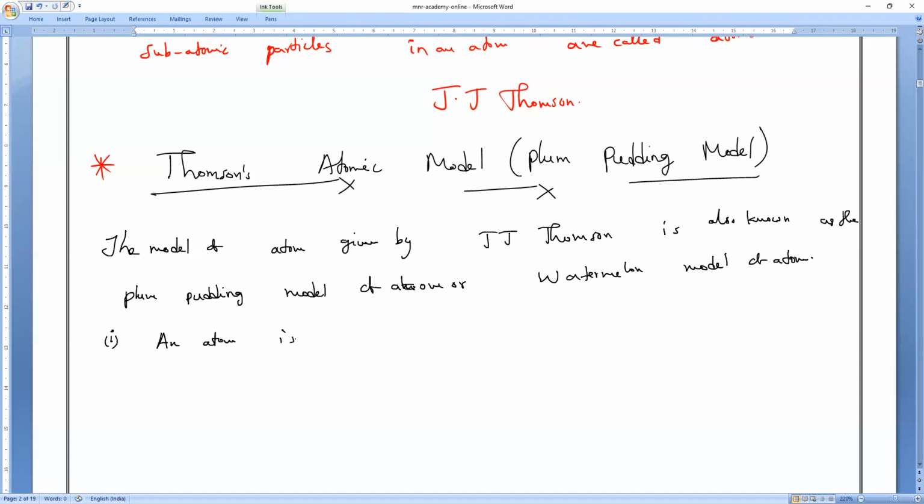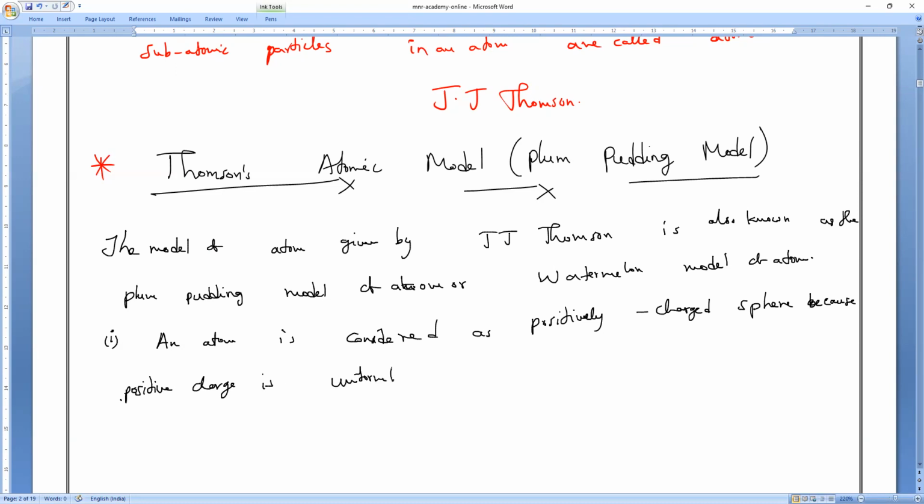An atom is considered as a positively charged sphere because positive charge is uniformly distributed. While you are comparing, you will understand. That is point number 1.